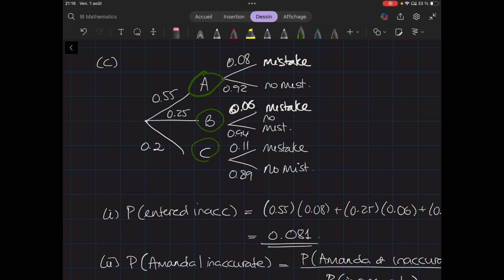So, in other words, this stays the same, that stays the same, that's the same. This is going to change. And instead of having it at 0.11 or 11%, now we have X%. And this one will now become 100 minus X%. And we are asked to find the value of X.